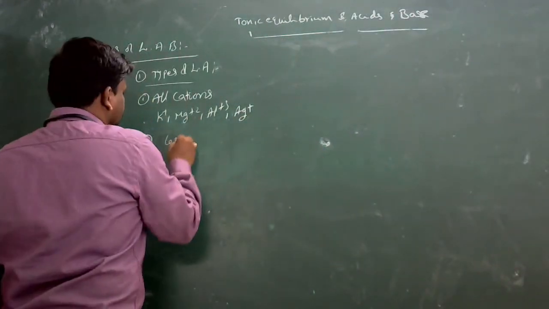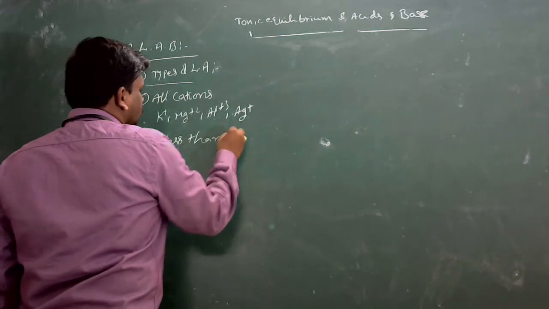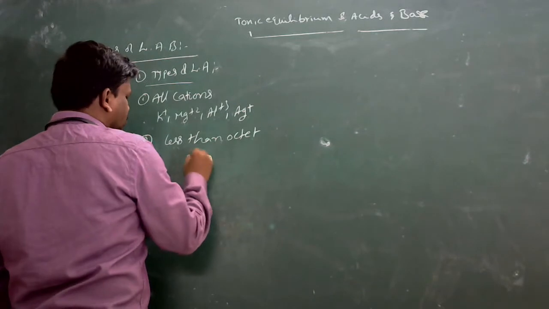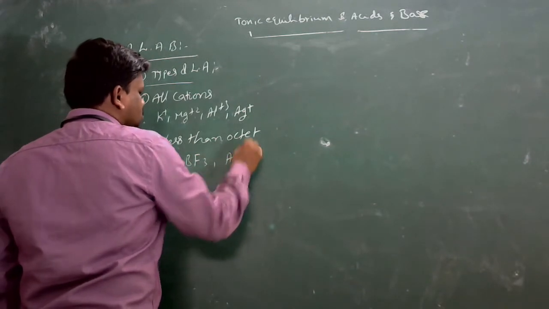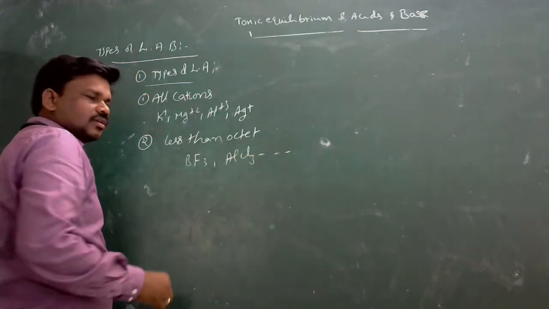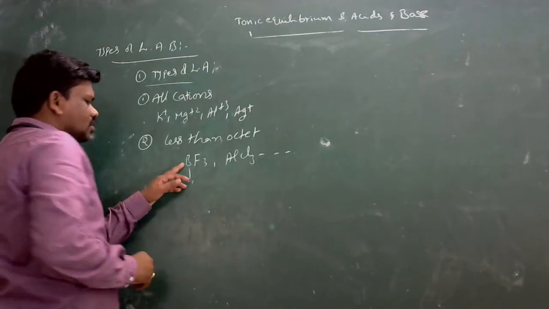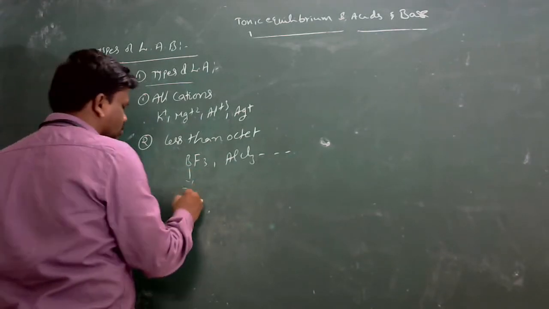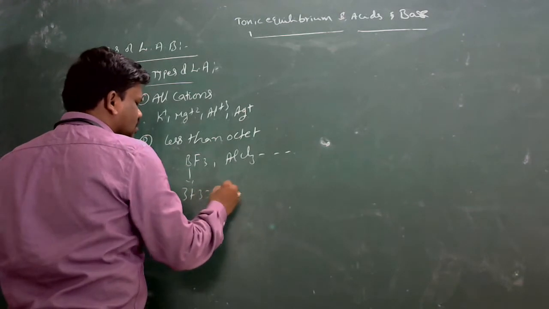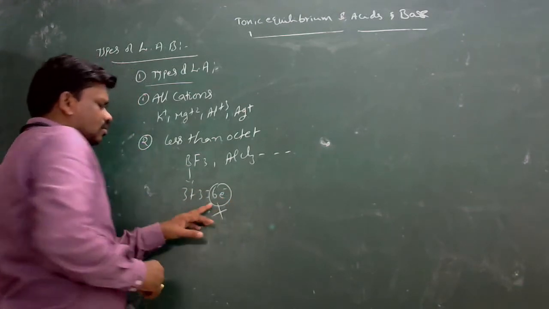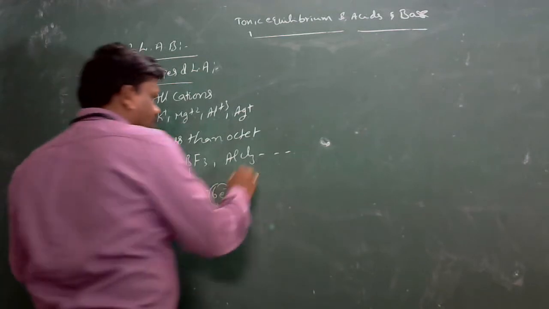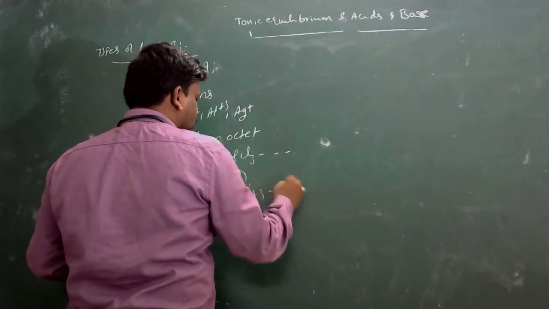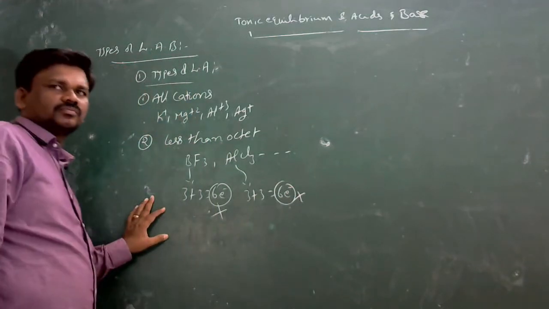For example, BF3, AlCl3, BCl3. In BF3, boron is in the third group, so it has 3 valence electrons; therefore 3 plus 3 is 6 electrons, less than octet. In AlCl3, here also 3 plus 3, 6 electrons, therefore less than octet.